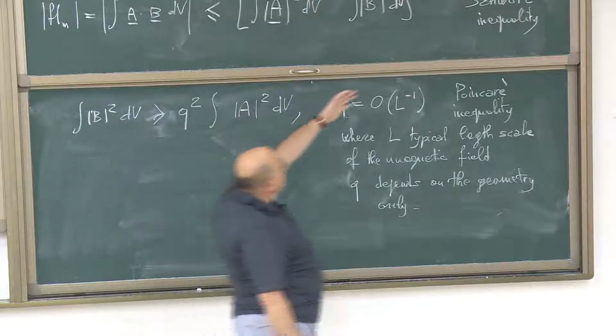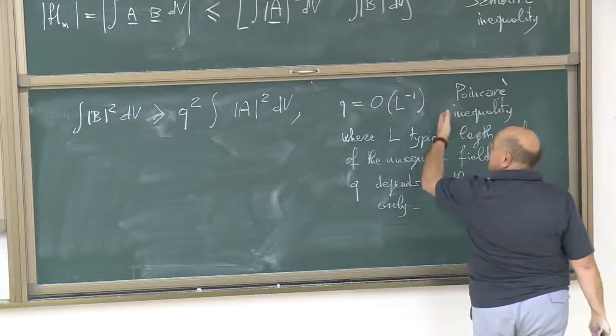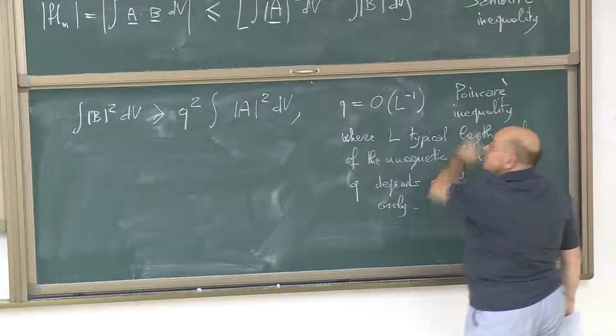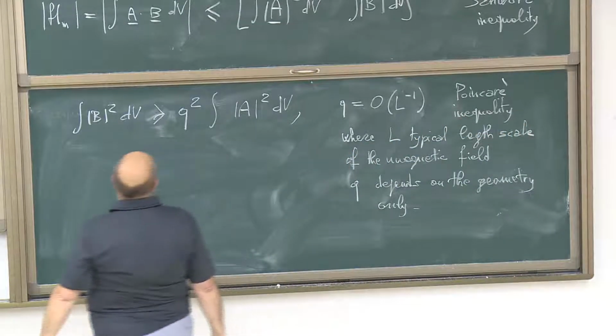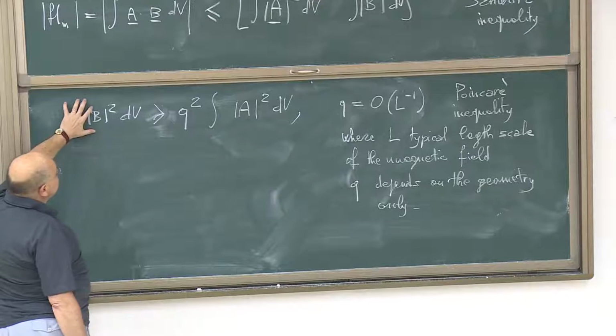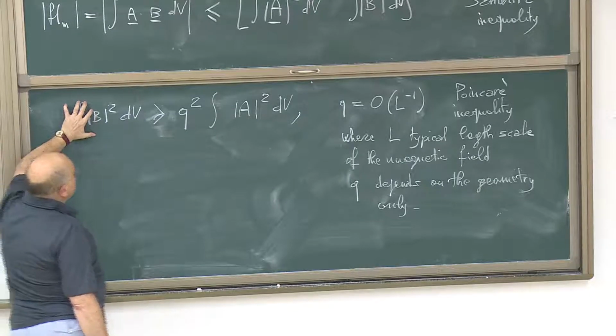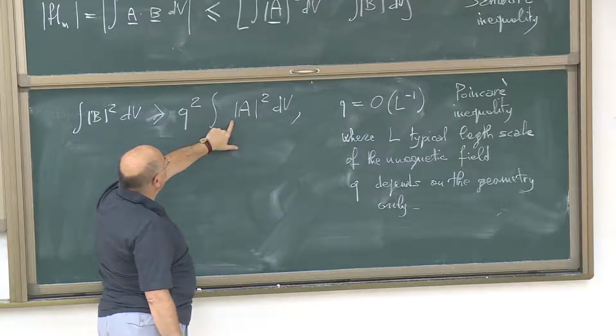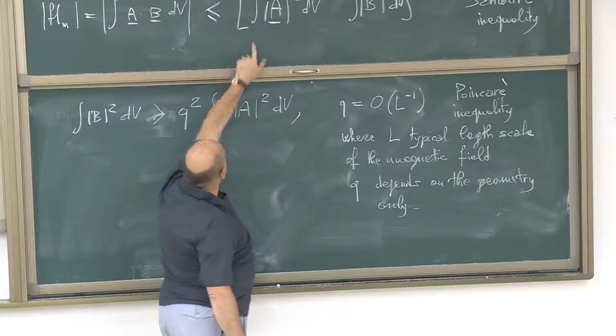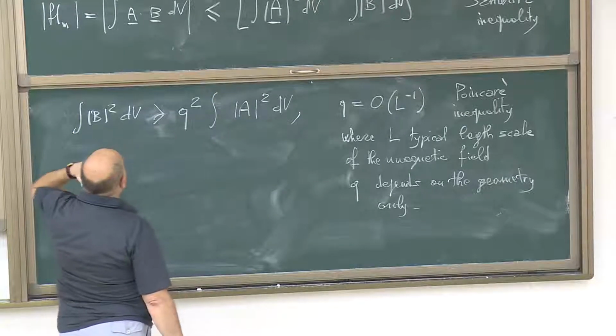So we can couple the Schwarz inequality with the Poincaré inequality. We take this inequality in terms of A, and we substitute there, and we have another B contribution.